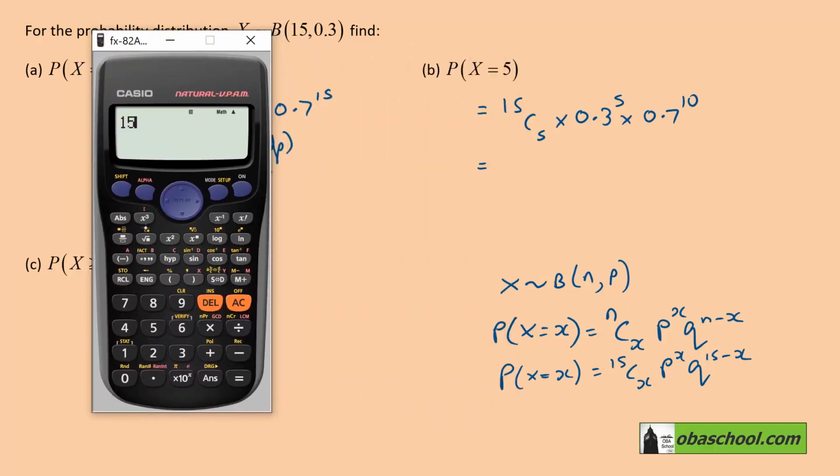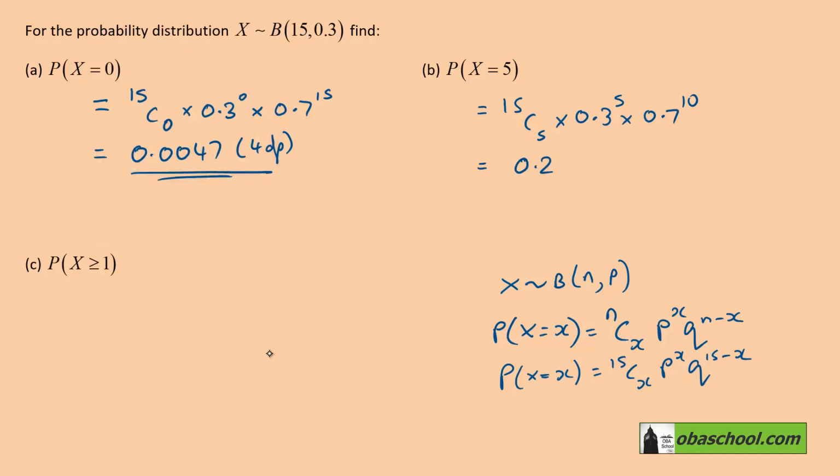So 15 choose 5, multiplied by 0.3 to the power 5, multiplied by 0.7 to the power 10, and that's 0.2061. Again, to 4 decimal places.